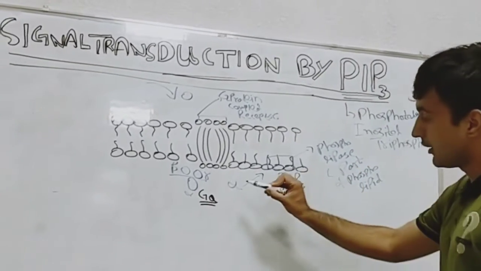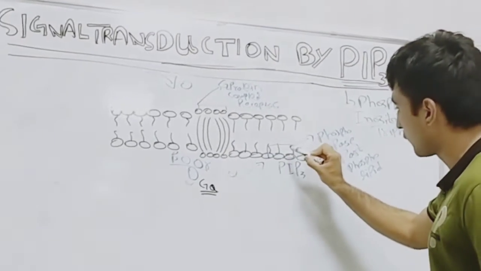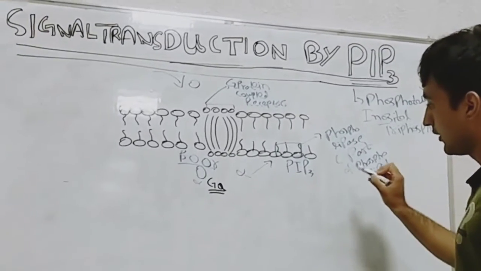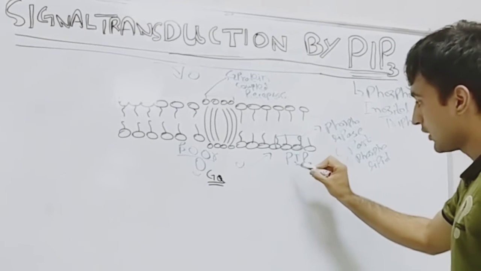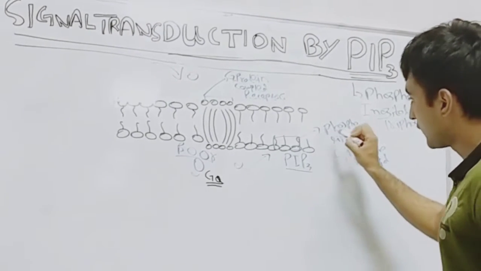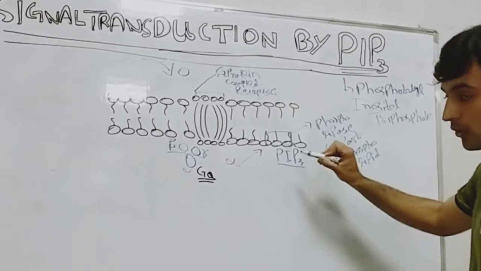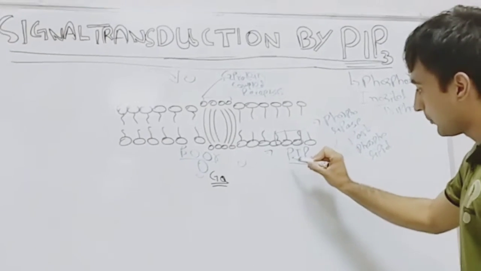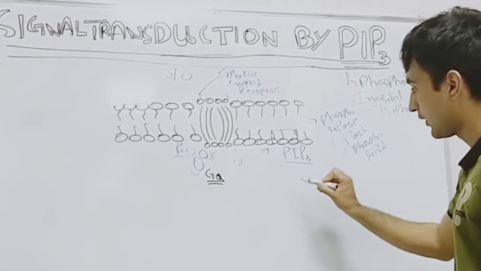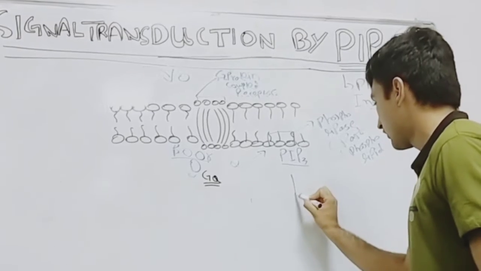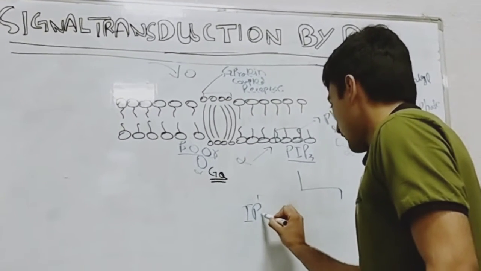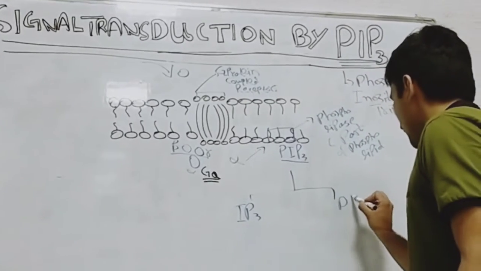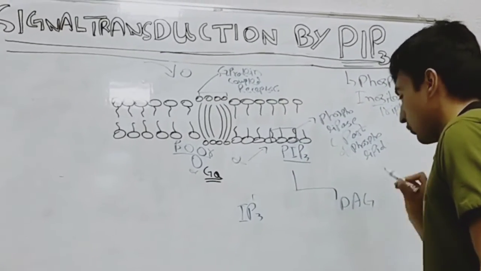When the alpha subunit activates this phospholipase C part of the phospholipid, it would break down this compound. So activation of the phospholipase C will cause the breakdown of the phosphatidyl inositol triphosphate into two components. One is the IP3, which is the inositol triphosphate, and second is the DAG component.